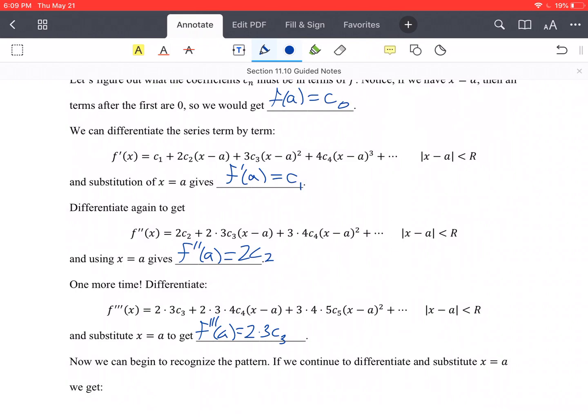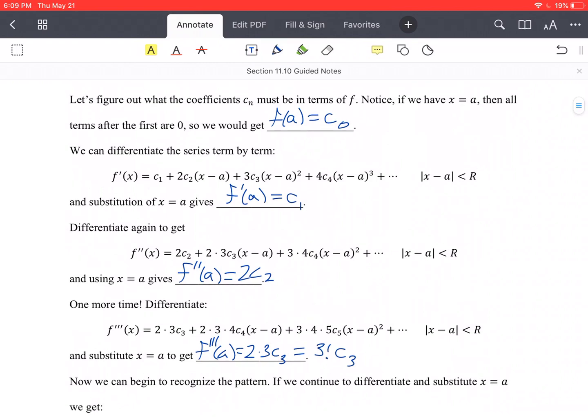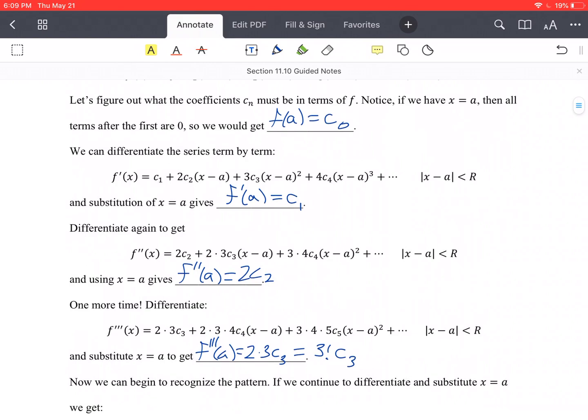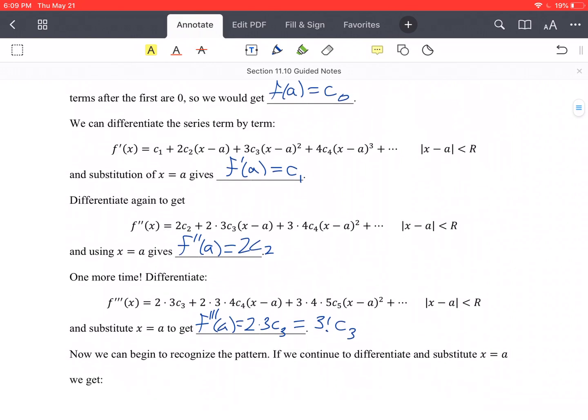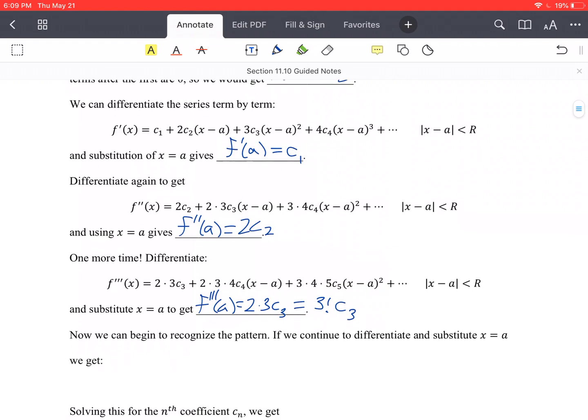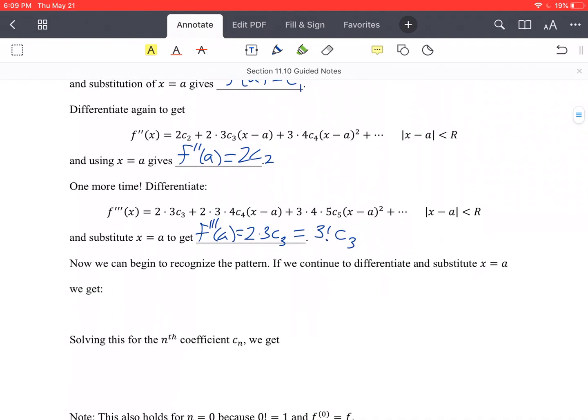Now, if you look at all these coefficients here, you might notice a pattern starting to appear, but this is actually the same thing as 3 factorial times c sub 3. And if you can start recognizing the pattern here, with every derivative that we take, we start picking up those additional terms on the front being multiplied. So if we continue to differentiate this, we're going to see that the fourth derivative gives us 4 factorial c4.